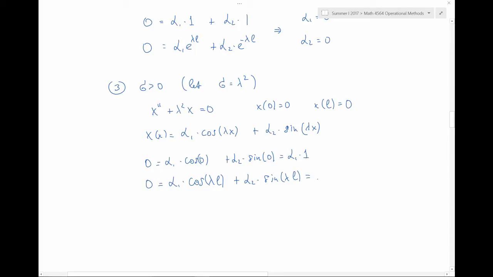But since alpha 1 is already discovered to be 0, we get that alpha 2 times sine of lambda L should be 0. And if sine of lambda L is non-zero, that would mean that alpha 2 has to be 0. And so it's impossible to get non-trivial solutions if sine of lambda L is non-zero.